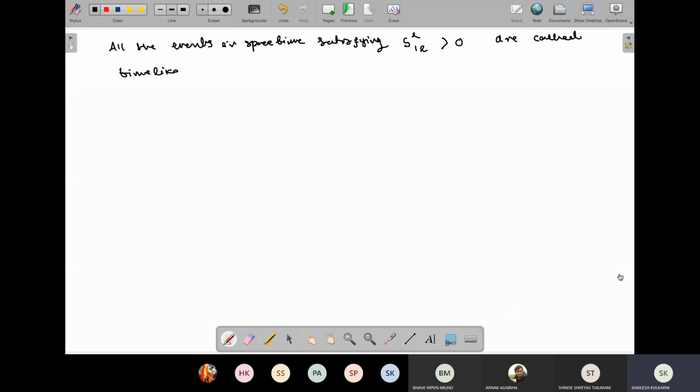Okay. So all the events in space-time satisfying this are called time-like events. Clear?